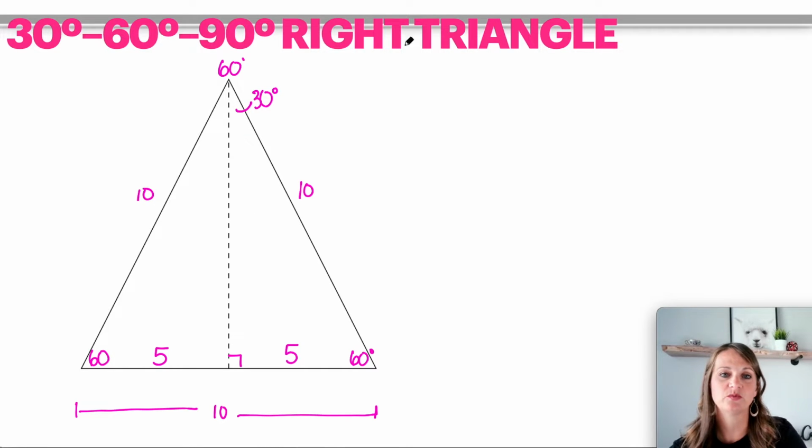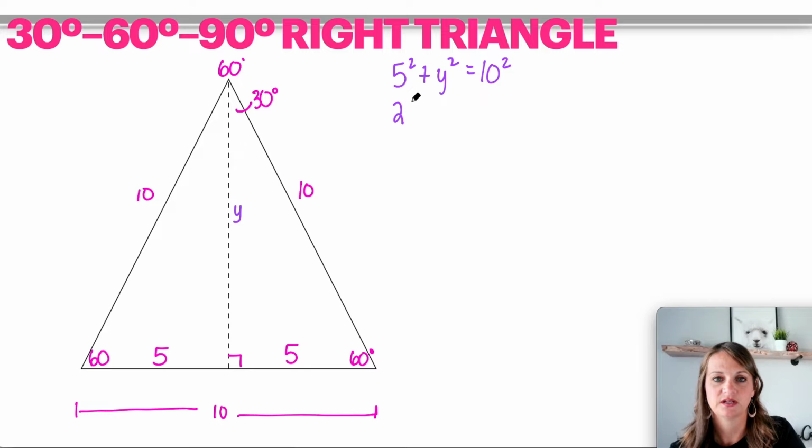To find this, we'll do Pythagorean theorem. We'll make that y because it's going up. 5 squared plus y squared equals 10 squared. 25 plus y squared equals 100. Y squared equals 75.